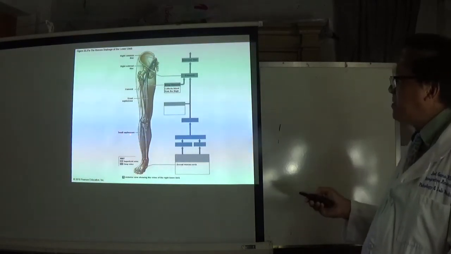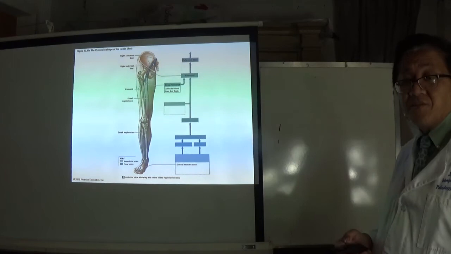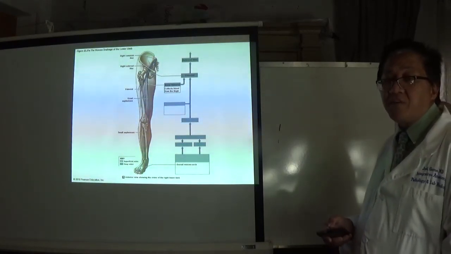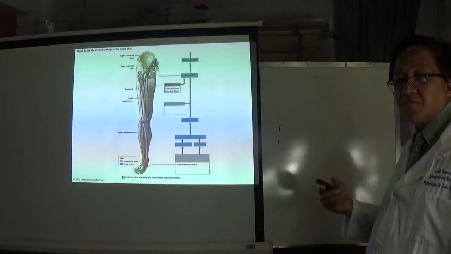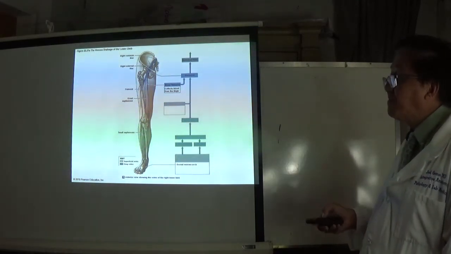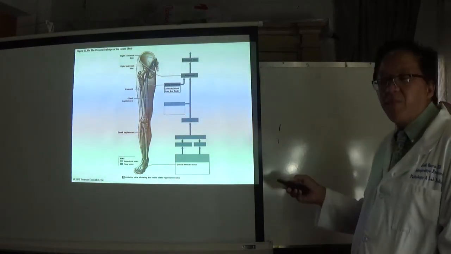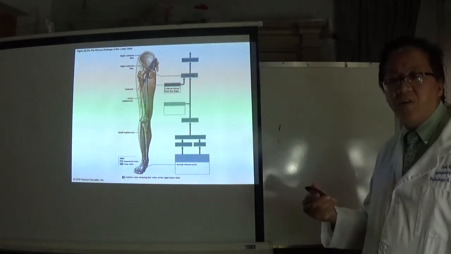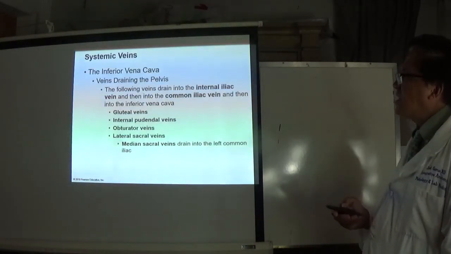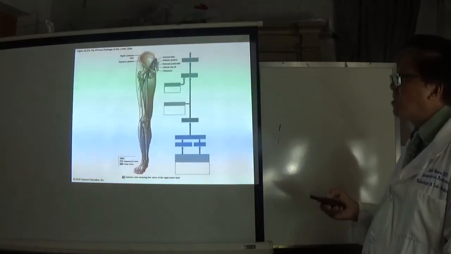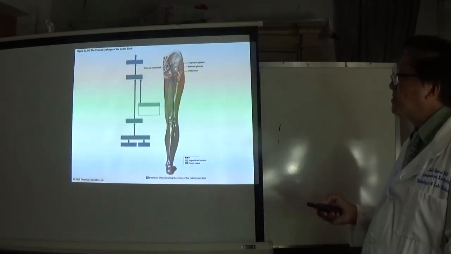They are important because the saphenous veins are used as a graft for when we do bypass surgeries, for coronary artery bypass graft, or when we do a bypass graft surgery for the heart, we get the graft from these leg veins. Now you might be wondering what happens. If you get the leg vein, it's okay because you have other leg veins that can take over the leg vein that's been removed. Okay? So again, these are just some of the names of the veins. So I don't expect you to memorize all of them, but just get to know the bigger ones. Okay?